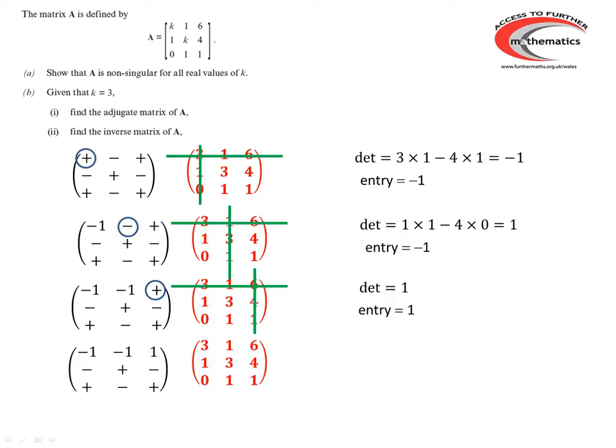Moving on to the next entry, cross out the row, cross out the column for this entry. The value of the determinant is 1 times 1, take away 6 times 1, which is negative 5. We've got a minus in the cofactor matrix at the moment, so that means we've got to change the sign of the determinant. So that's going to become plus 5 as the entry.